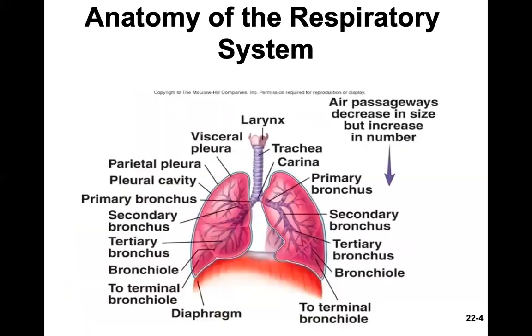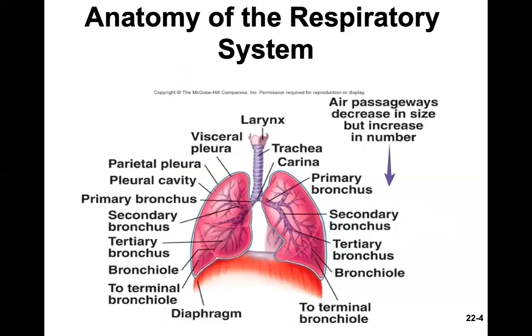When you look deeper into the anatomy of the lungs, here it says that the air passageways decrease in size but increase in number. So think about the fact that as you go down into the respiratory system, you are moving more into the functional areas of your lung spaces.